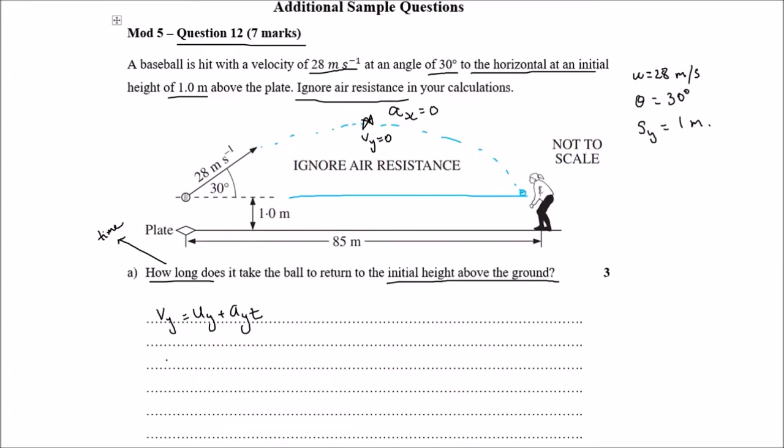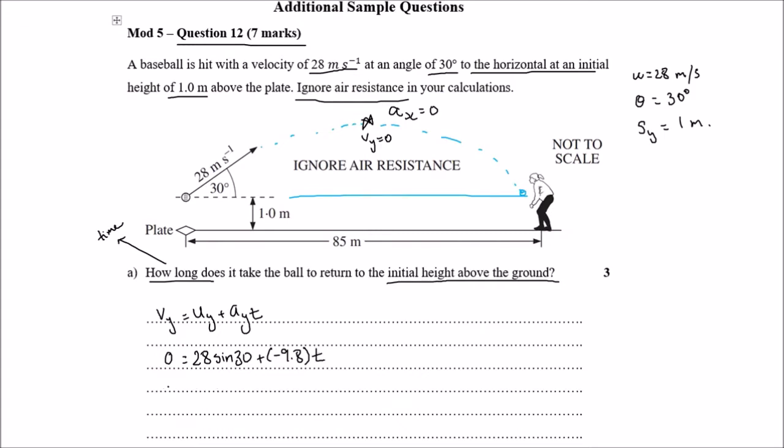Let's substitute that. Uy in this case is 28 sine 30 degrees. Acceleration due to gravity is minus 9.8 because that's in the opposite direction. And t is the value I'm trying to find.